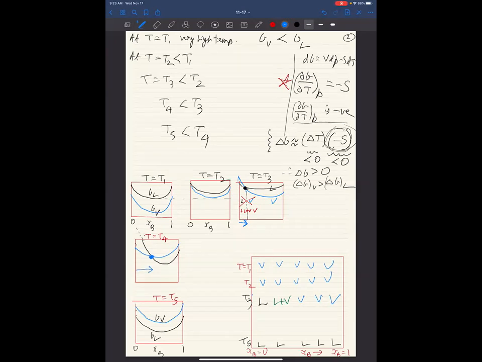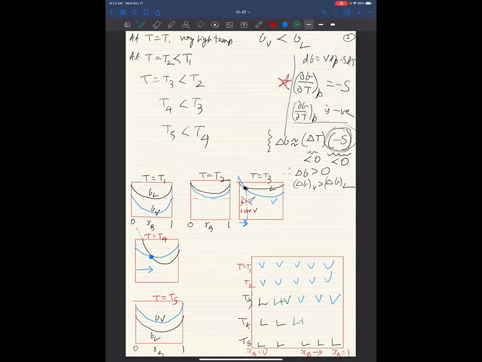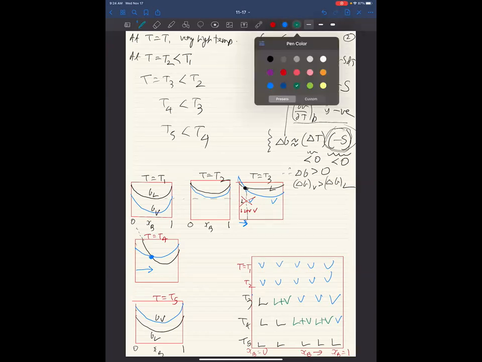So what this means in the phase diagram is that at T4, you will have some liquid, then liquid plus vapor, and then back to liquid. So let me redraw. Hopefully you're starting to get a picture here that a two-phase region is emerging in this thing.